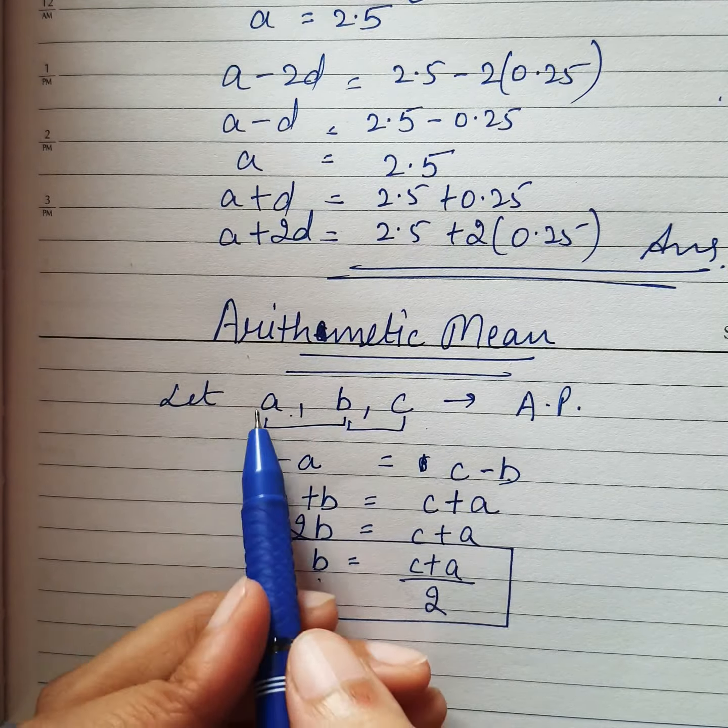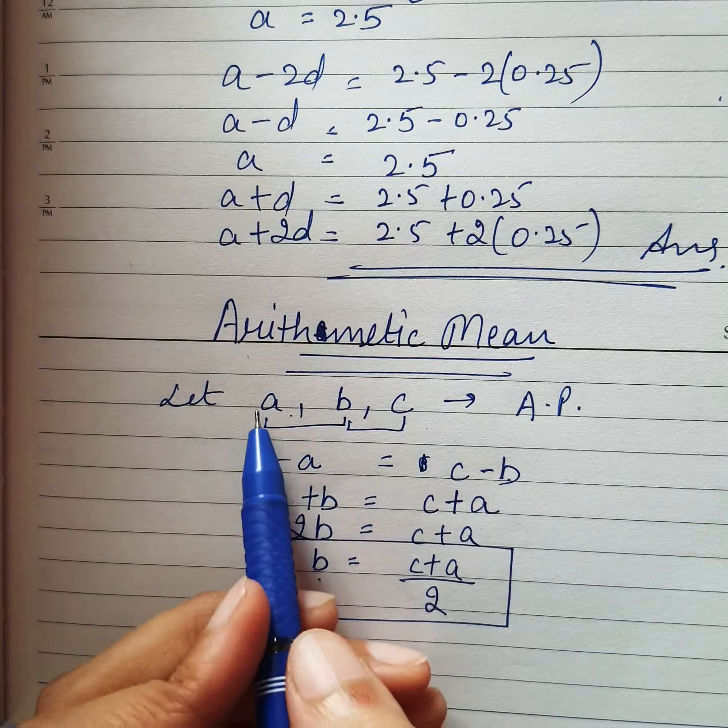So for example, if I have been given 3 numbers x, y and z, find the arithmetic mean between x and z. It will be x plus z by 2, which is actually y. So in your book the question is find the arithmetic mean between 3 and 13.